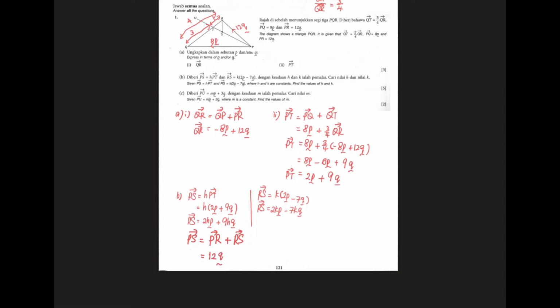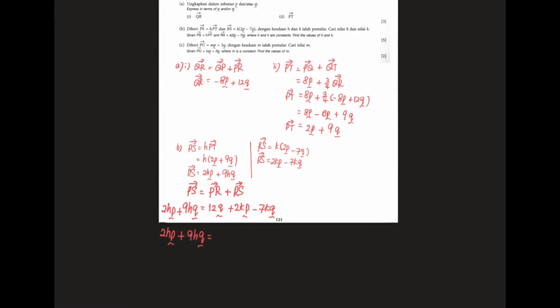The RS is 2KP minus 7KQ. The left hand side PS is 2HP plus 9HQ. So you form an equation to relate the two vectors, and now you substitute with whatever you know, and we need to compare between left hand side and right hand side.